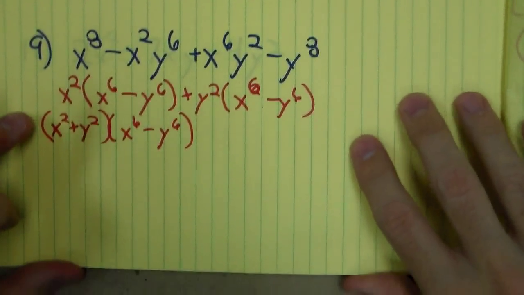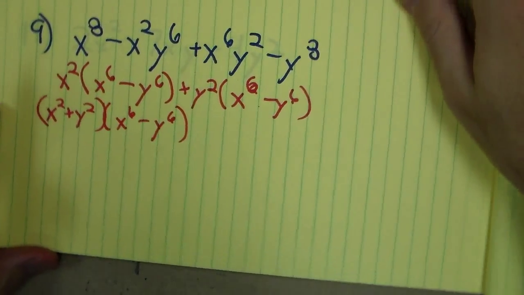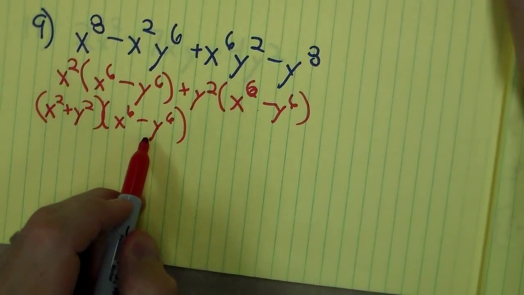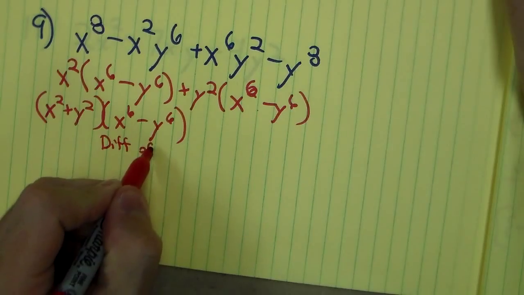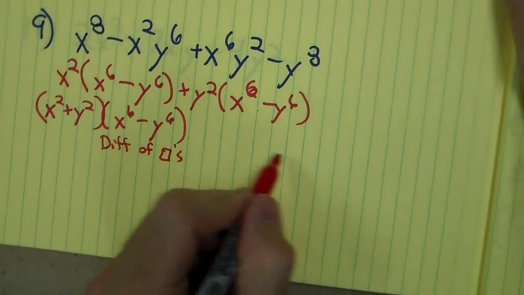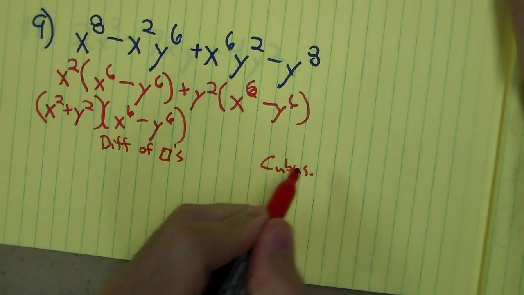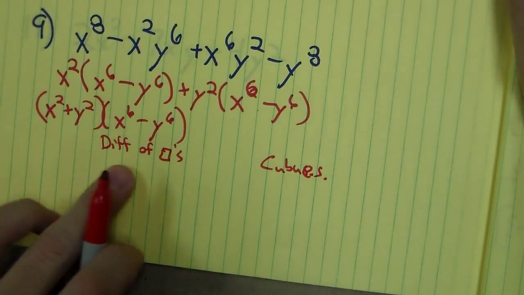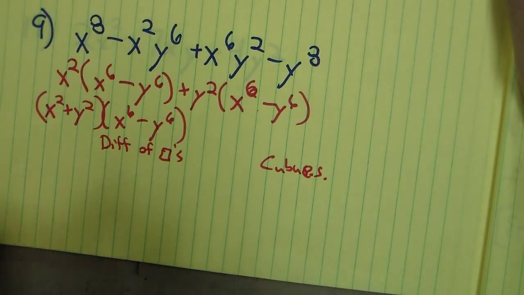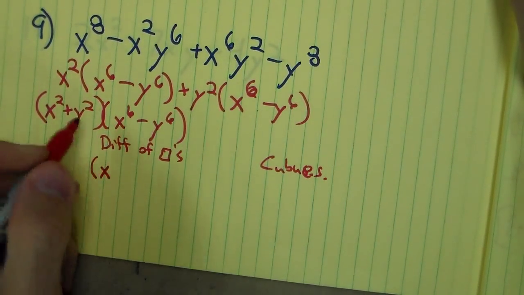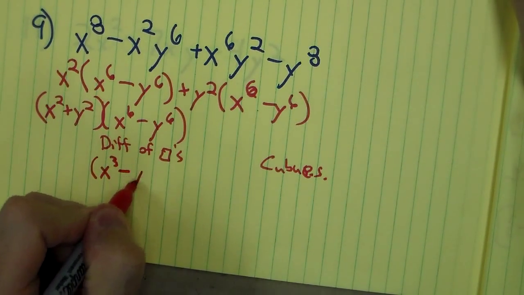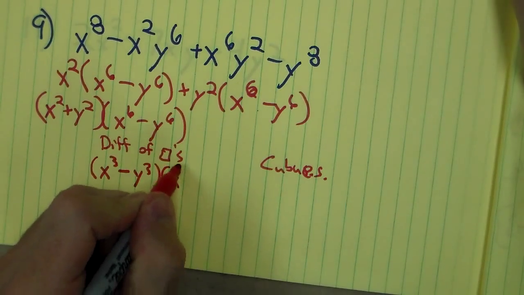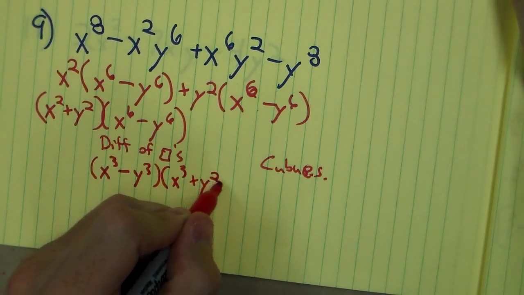Now from here, we actually have 2 options on how to solve it. One way is to think of this as a difference of squares. The other way is to think of it as cubes, and I'm going to show you both. So if I went difference of squares here, this would become x cubed minus y cubed, x cubed plus y cubed.